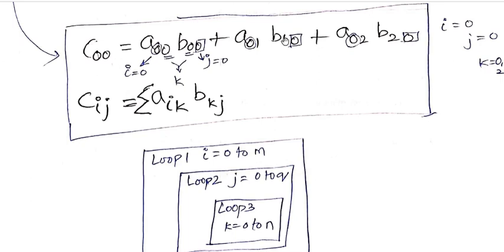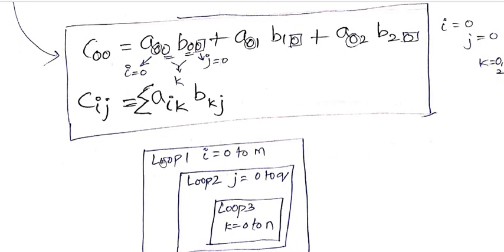And in this particular case, I value is 0. You can see I value is always 0 and j value is always 0 because we are calculating for 0 0. And if you see the k value is 0 here, k value is 1 here and 2. So it is incrementing 0 1 and 2.